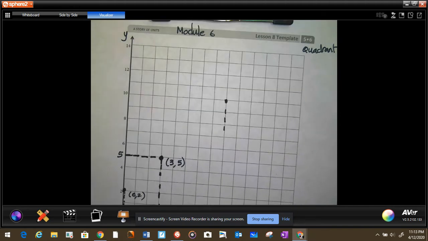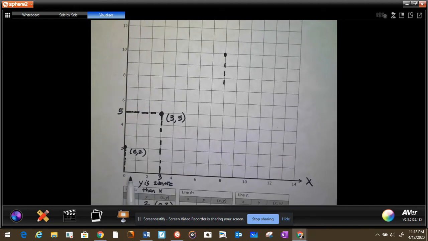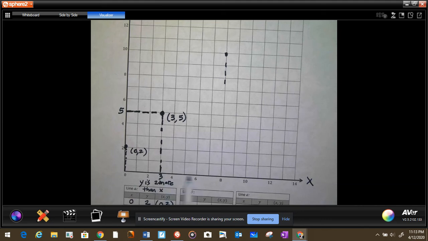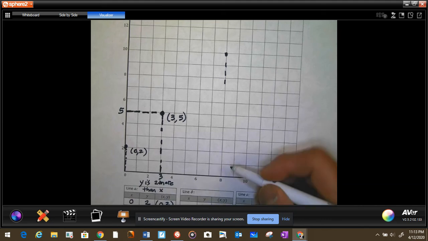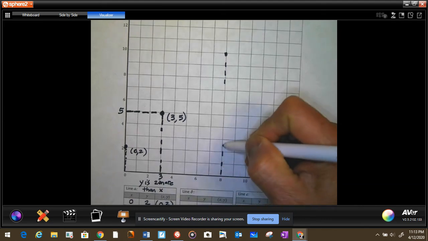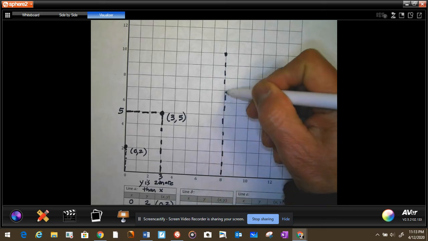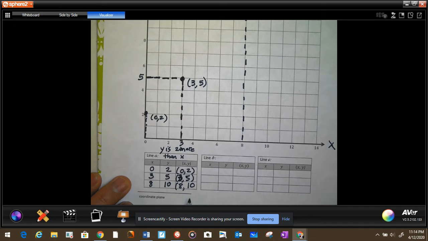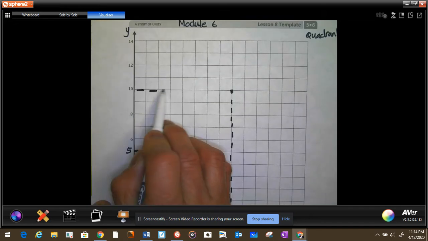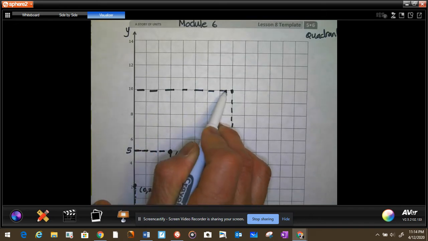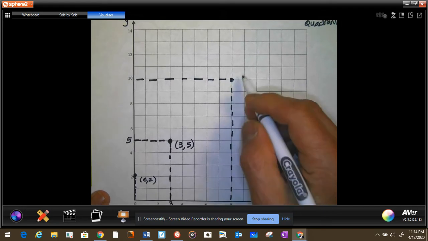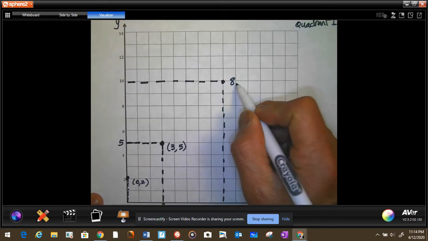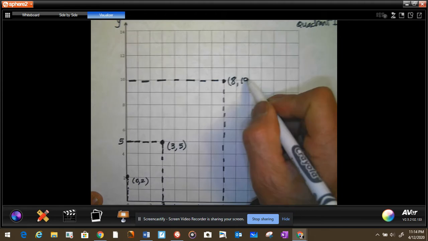So I ran to 8, and then I jumped to the coordinate y, which is 10. And that's where they met. We're going to label this point A10.